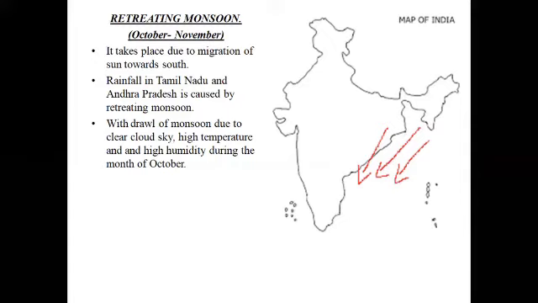After the withdrawal of monsoon, there is a clear sky with high temperature and high humidity during October, so you can feel a very sultry and oppressive type of heat, and such heat is called October heat.